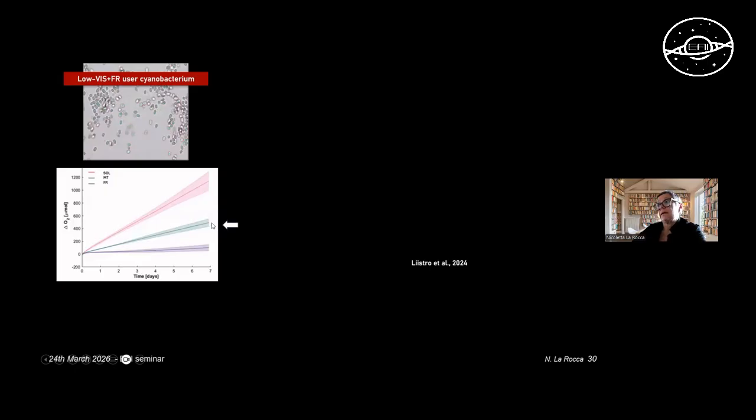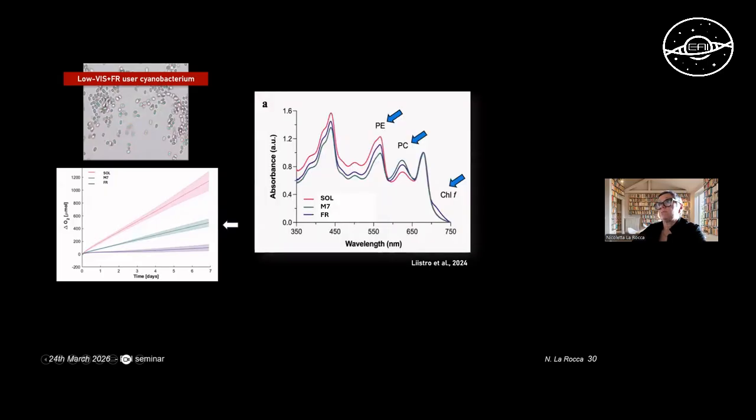By analyzing the in vivo absorption spectrum of the organism exposed to infrared, M-dwarf, or solar light, we observed that this type of organism, which is able to use very low visible light, prefers to acclimate the photosynthetic pigments that absorb the very low visible light available in the M-dwarf spectrum, instead of synthesizing new pigments.